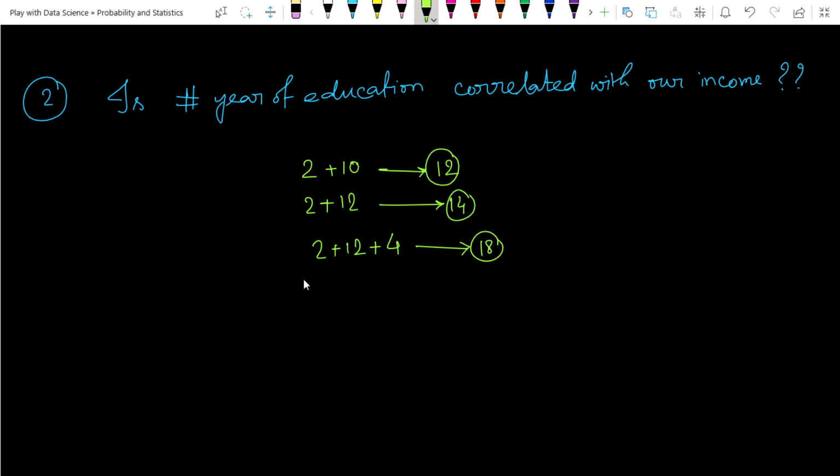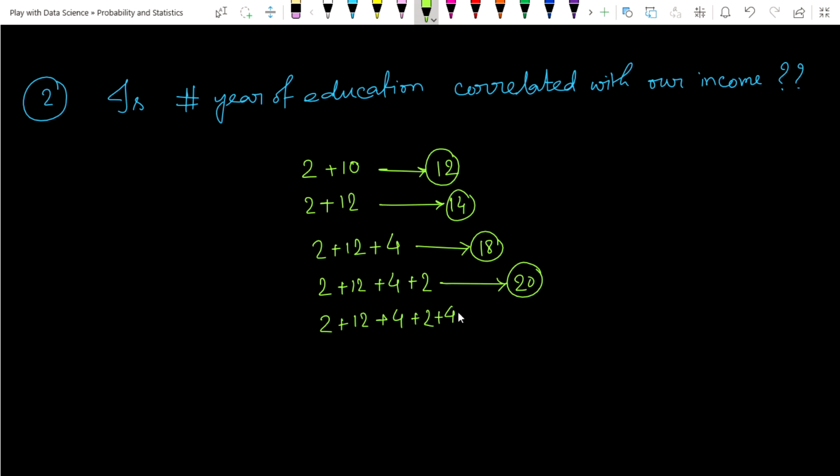Suppose you are doing a master's degree, then how many years have you spent? 2 plus 12 plus 4 plus additionally 2 years for the master's degree, you will spend 20 years. And if you are doing a PhD, then 12 plus 4 plus the master's, and the PhD takes about 4 years on average. It depends on the subject and how much you spend on your research.